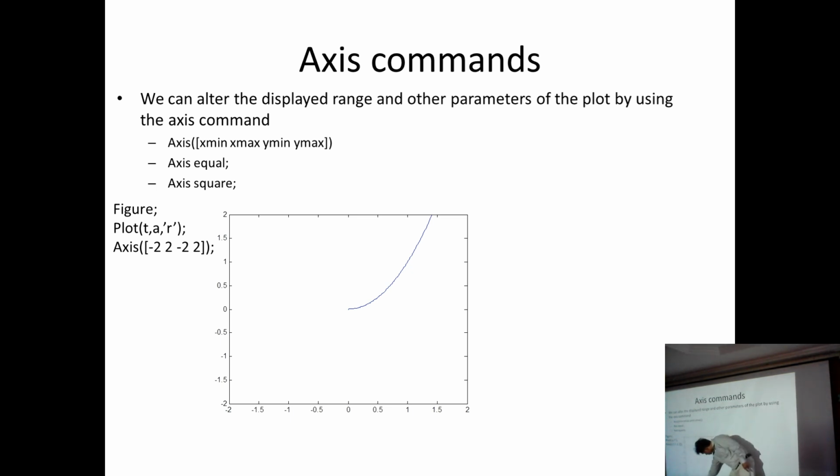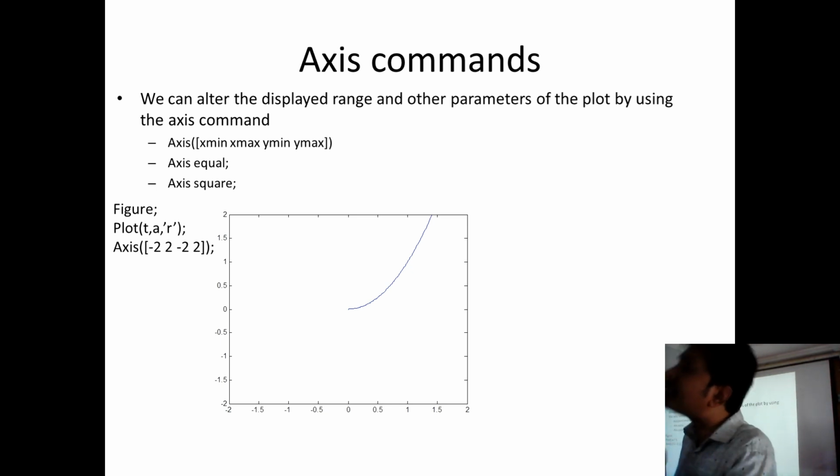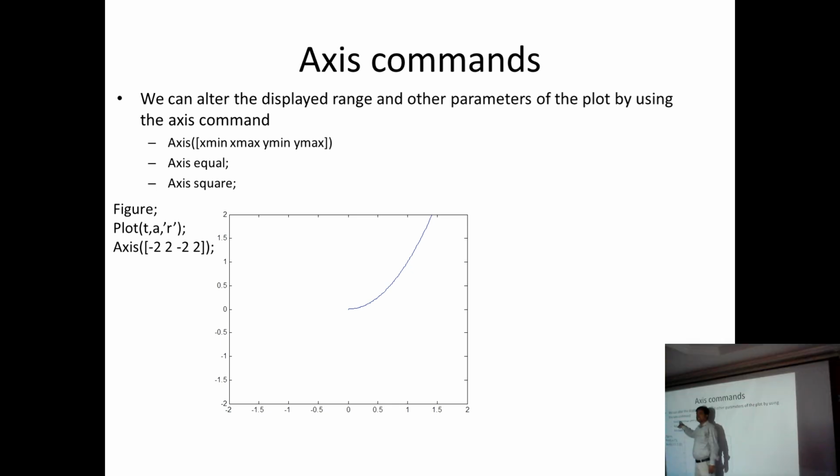Only x minus 2 to plus 2, y minus 2 to plus 2 is taken. Only that portion of the graph is shown to you. That's the command called axis. So the range within which you want your plot to be displayed is shown. If you want only a particular portion of the graph, take it out. Syntax is axis, x min x max, y min y max.